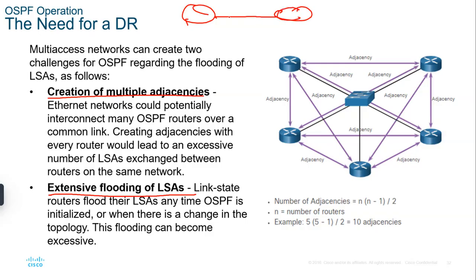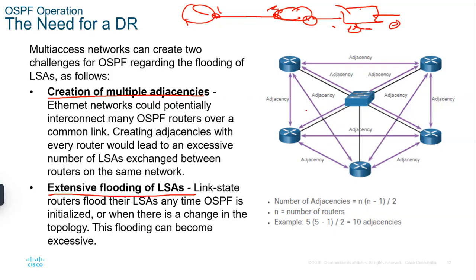There are just two ends, this one and that one. But with multi-access, we expect a switch, an intelligent device connecting the routers, as you can see here. So there are multiple adjacencies.